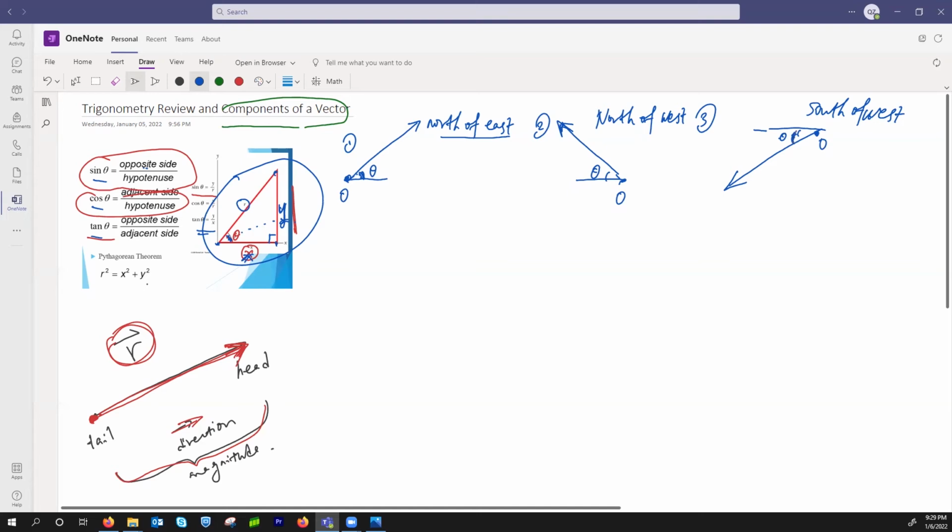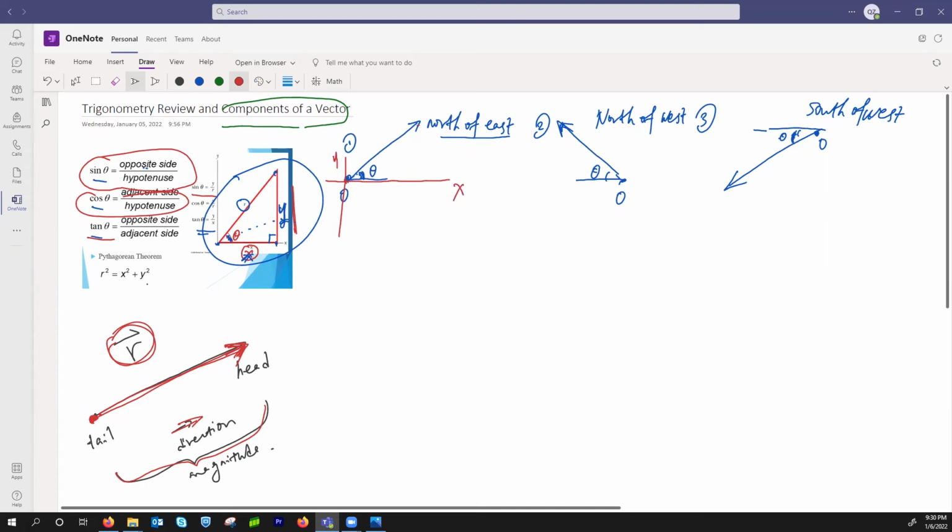Let's try to find out the components of a vector, which means we are looking for the x component and y component for all 3 different cases. So the key point is to find the coordinate system. The coordinate system always starts at the tail. So you can build a horizontal line and a vertical line. So this is the coordinate system. And then now looking for the head, you draw a vertical line towards the x-axis.